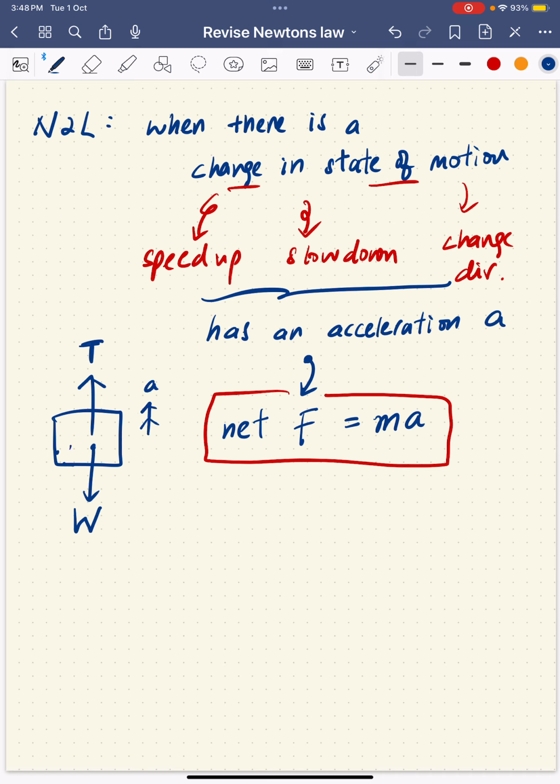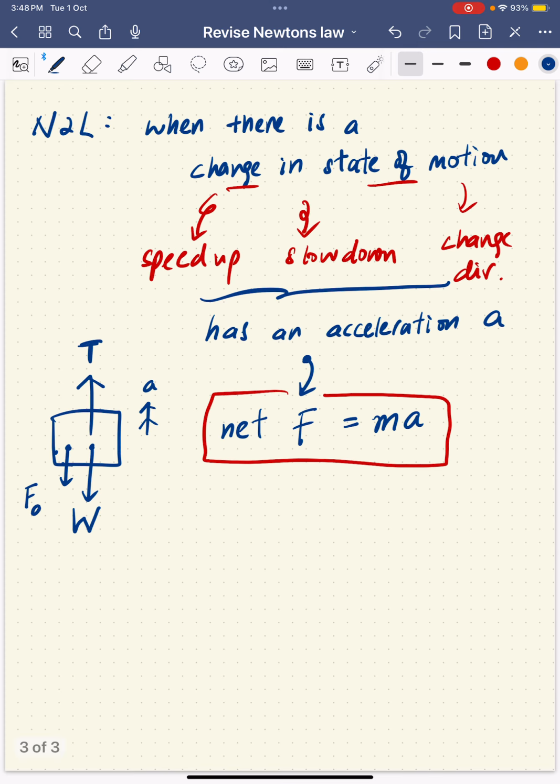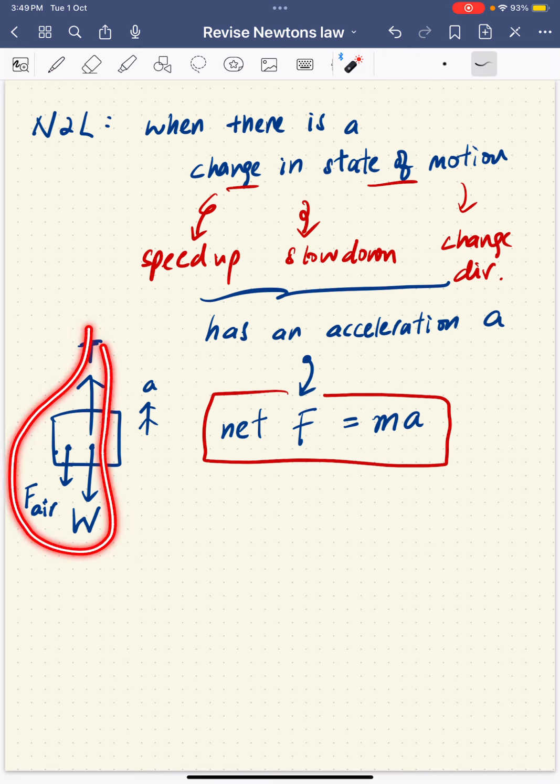Since movement is upwards, and if air resistance is not negligible, there's going to be a downwards air resistance opposing the upwards movement. So in this case, the net force will be given as a combination of these three forces acting on the body.